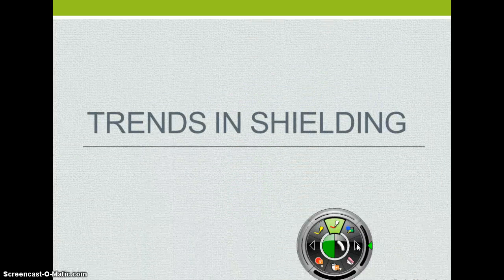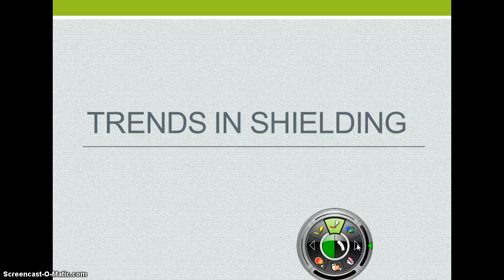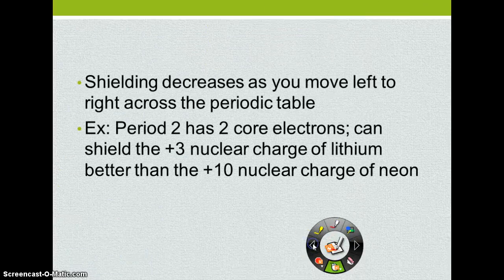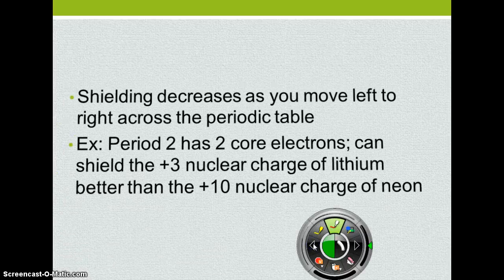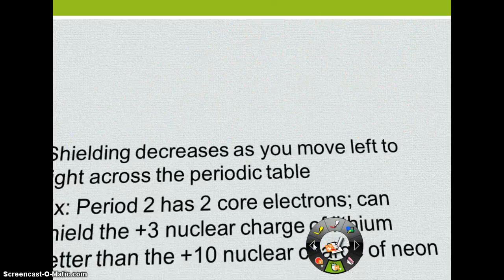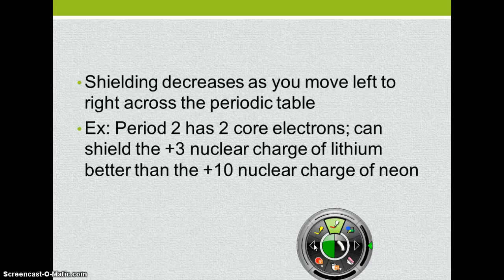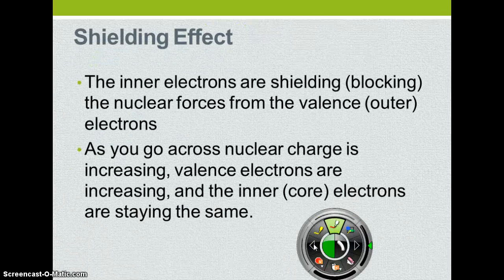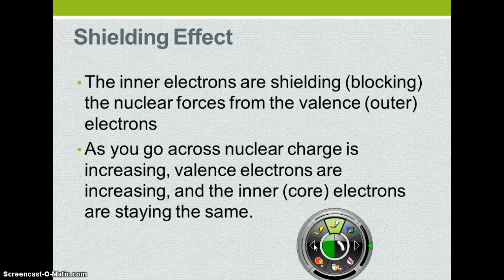So this brings us to shielding trends. Shielding means you're blocking. Those electrons that are in the middle are going to block the valence electrons from those nuclear forces, the attraction to the valence electrons.